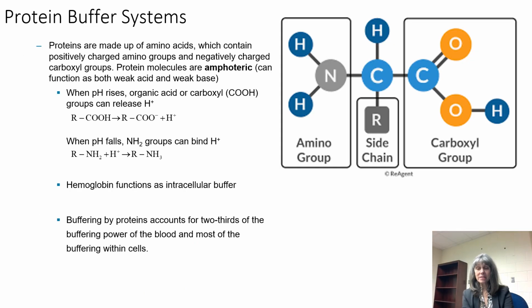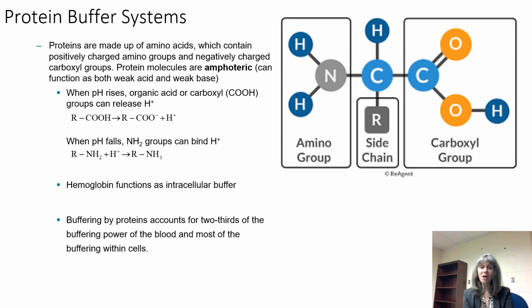Because proteins are made up of amino acids, and amino acids have a positively charged amino group and a negatively charged carboxyl group, protein molecules are amphoteric. That means they can function as either a weak acid or a weak base. When pH rises, organic acid or carboxyl groups can release free hydrogen ions to lower the pH.